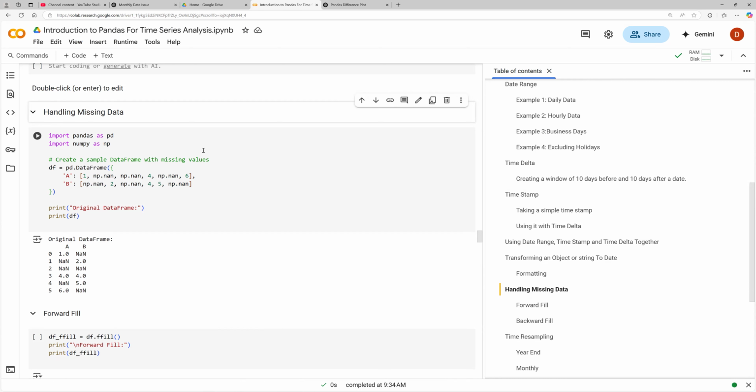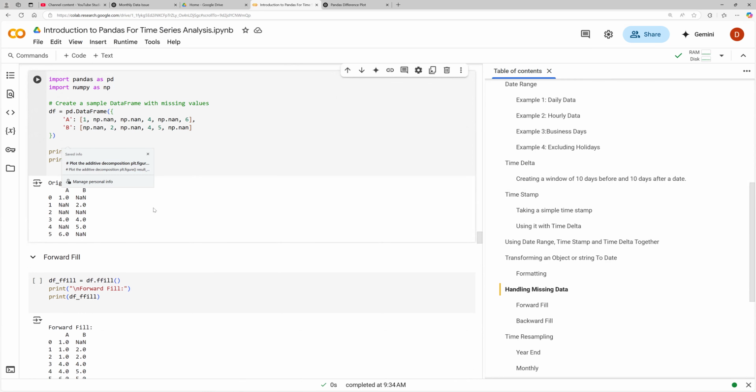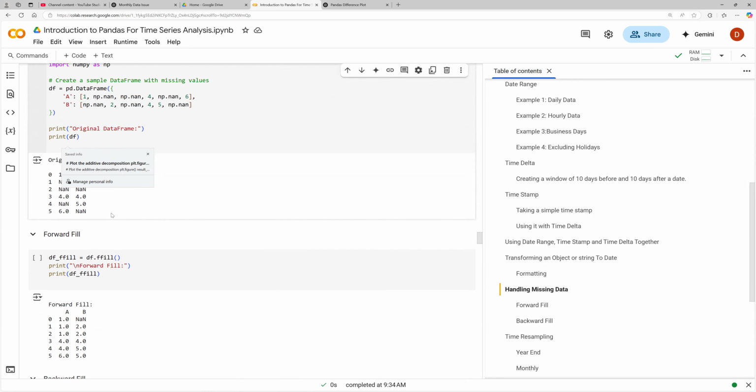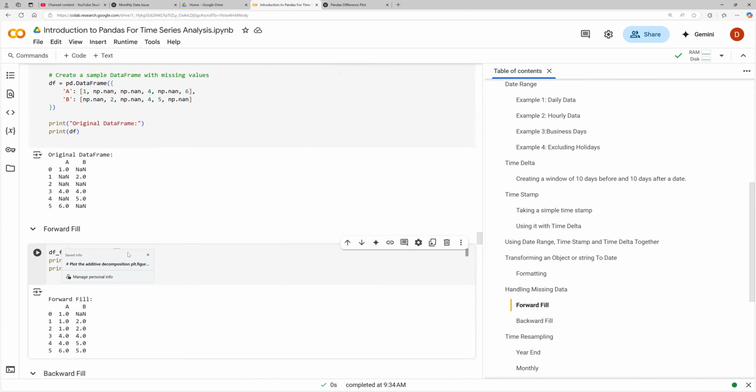So if you're working with these APIs, it's pretty much good to go. There's going to be some cases though where if you're given a data set, it's going to have missing values, and that's just inevitable. Okay, so here we've got this original data frame where we've got these NaNs. We do this forward fill.